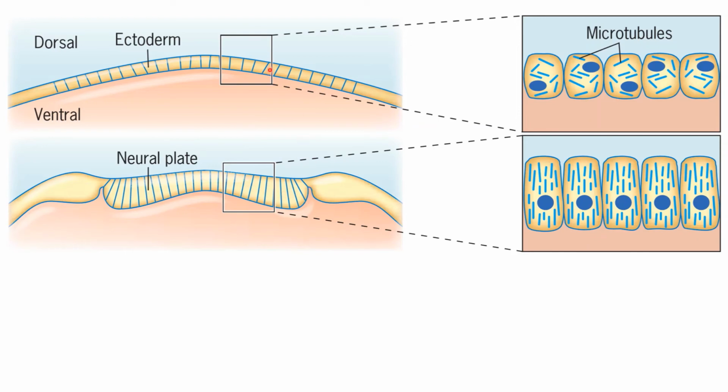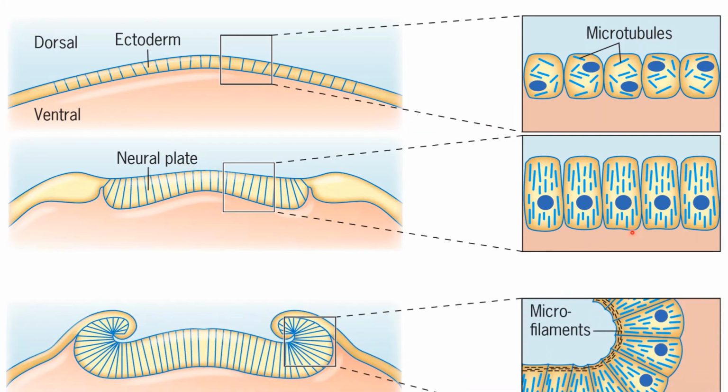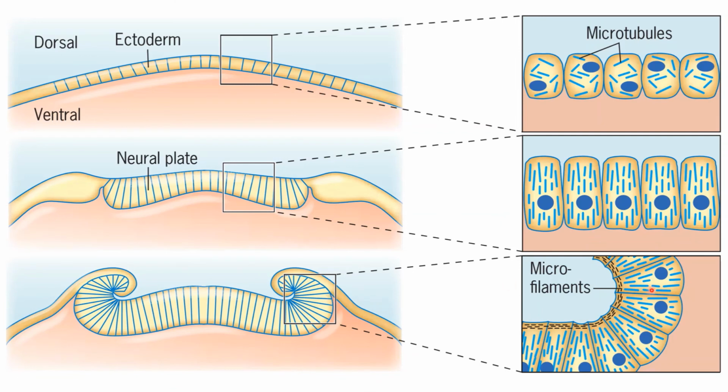So notice here from fairly square-shaped cells, the cells become columnar as they become part of the neural plate. And the change in the shape of the cell is actually due to the presence of microfilaments or the actin filaments, as we see here.